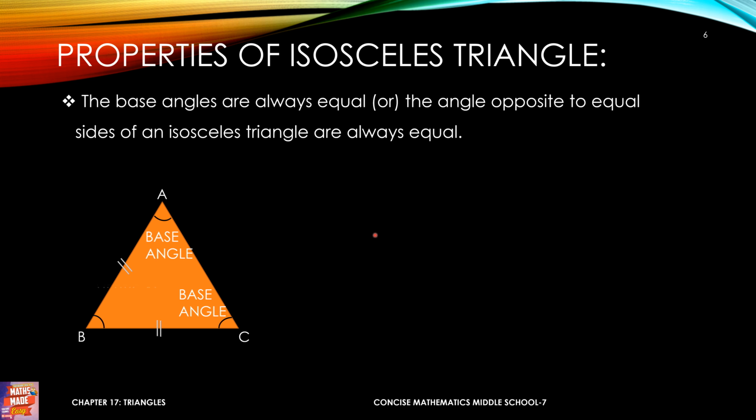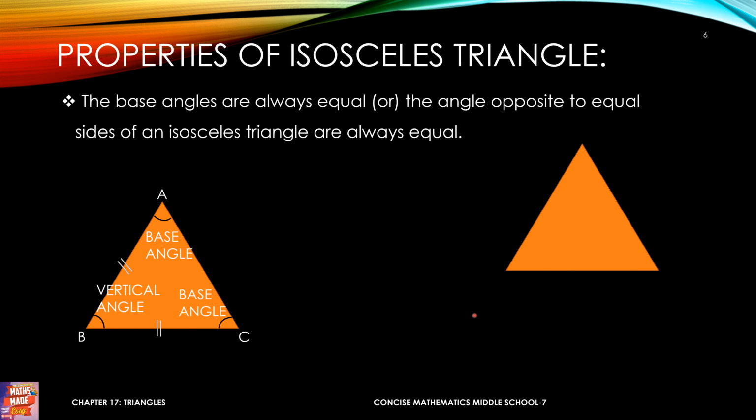Here, let me consider one more example, children, for your clear understanding. This is one more triangle with vertices A, B, C. See here, I am giving equal sides AB and AC. Earlier I had given AB and BC, and the baseline was unequal. Here BC is the base.